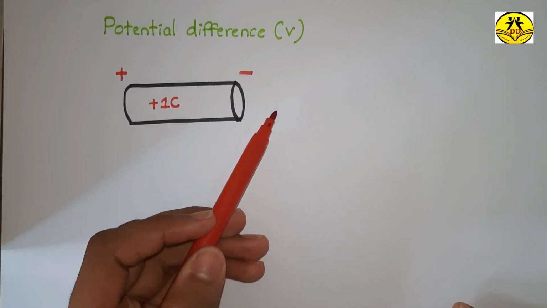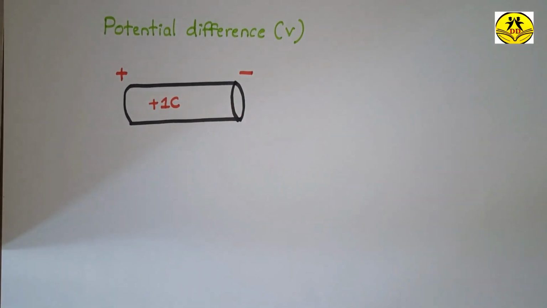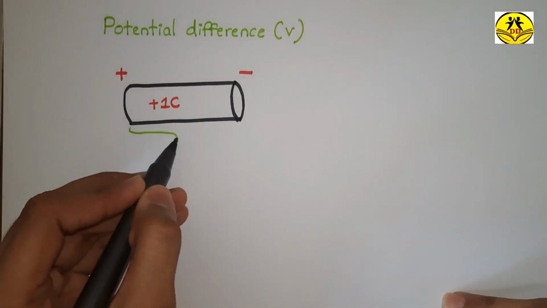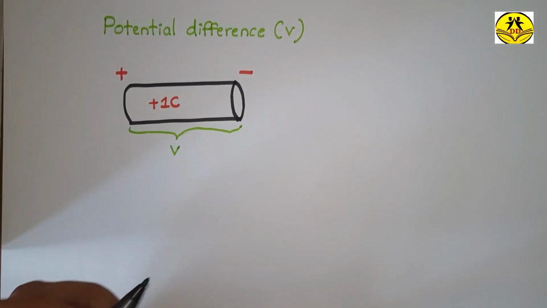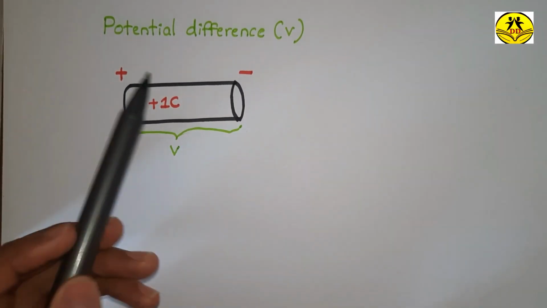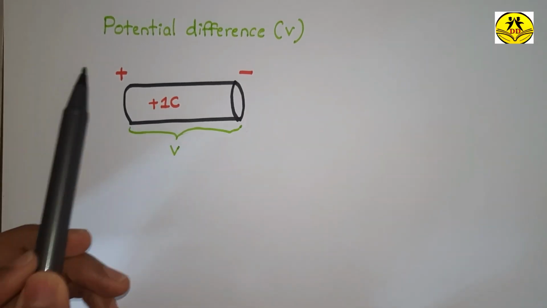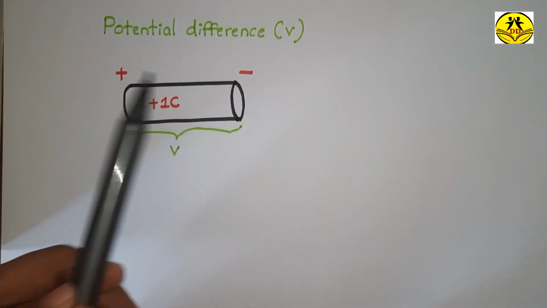We consider this as plus and this as minus. So this is the potential difference.